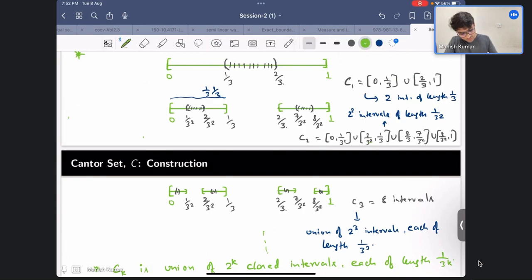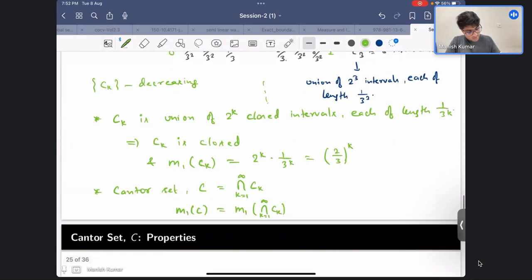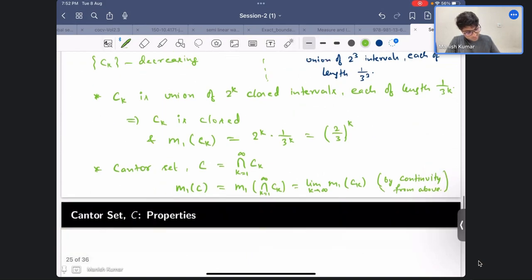So this Ck is a decreasing sequence, and the measure of Ck is finite for all k. So by continuity you have that this should be the limit as k goes to infinity of m1 of Ck, by continuity from above, right?